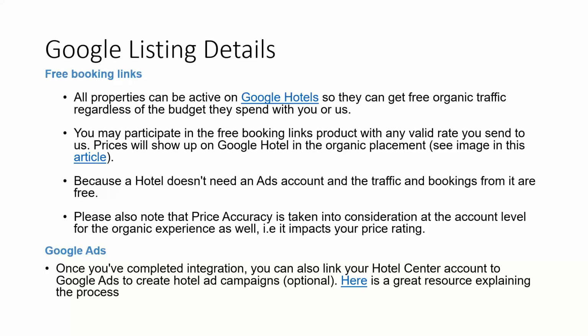But now with this option, as a property listed with the Google free links, you're able to be shown on the same map along with the OTA-only properties. So I feel like we have a tremendous opportunity here.